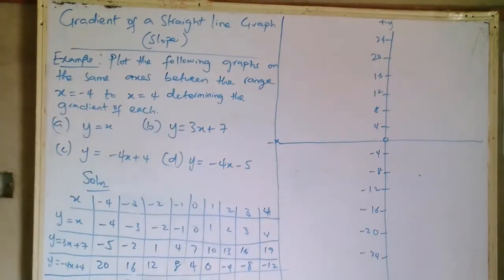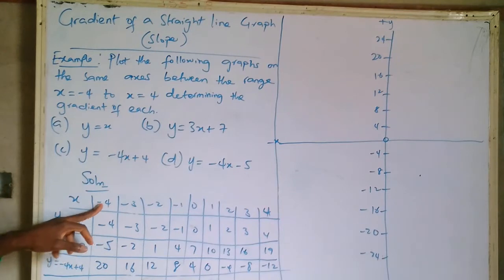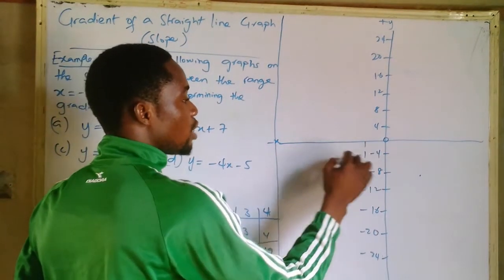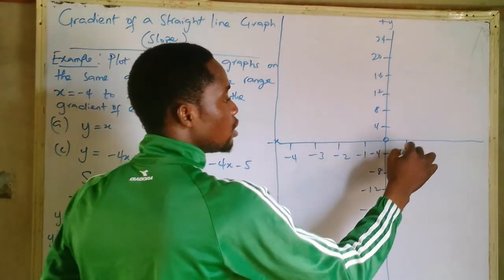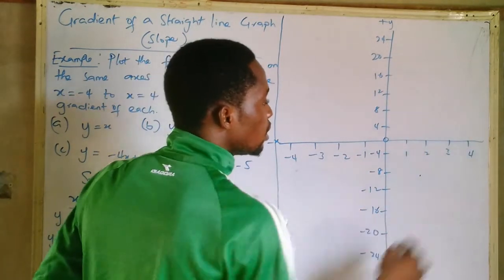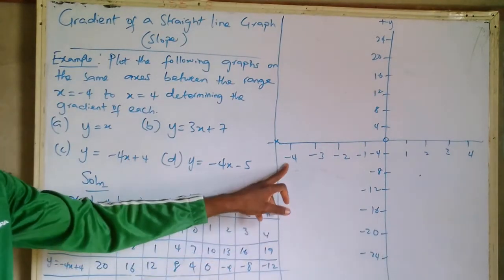Then for my x, what do we have? The highest is 4, so I can still use -1 to 4 here: -1, -2, -3, -4, then 1, 2, 3, 4. Now it means that on my scaling, as I illustrated earlier, my x will be what?